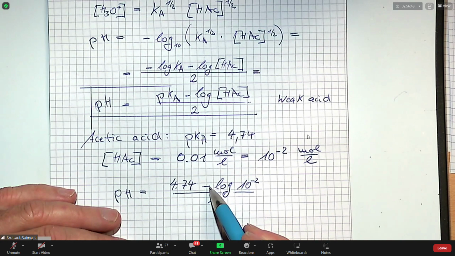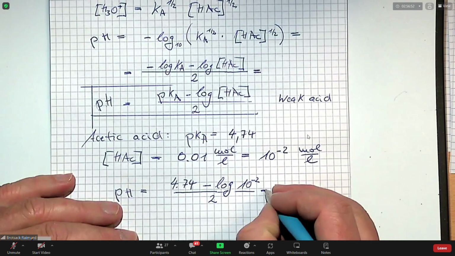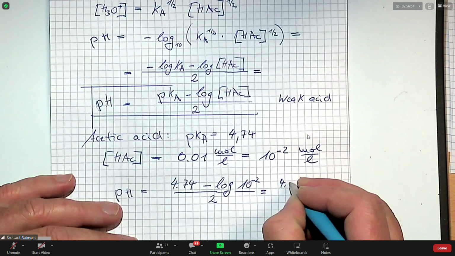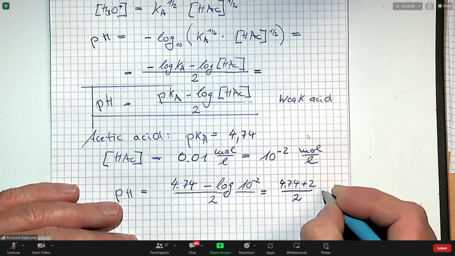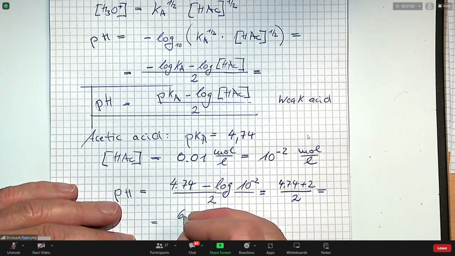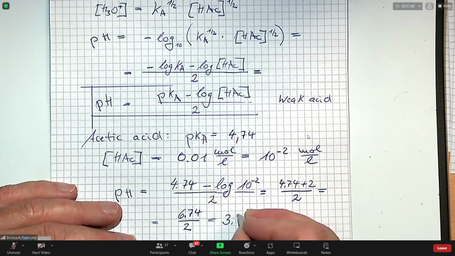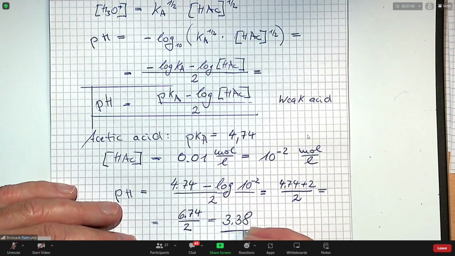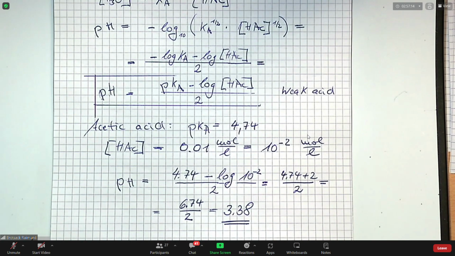Minus 2, and minus minus 2 is plus 2. So it is 4.74 plus 2, over 2. That is 6.74 over 2, and this is 3.37.